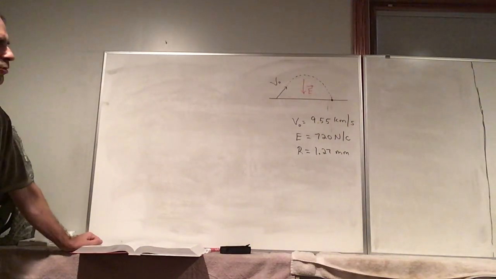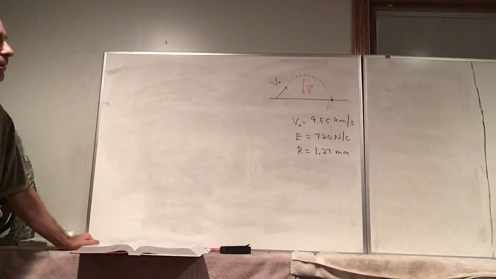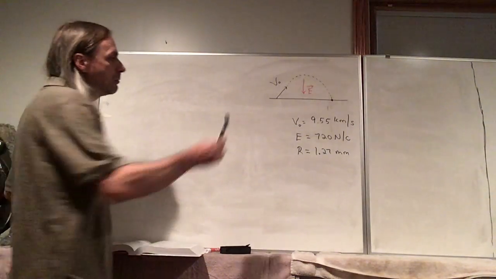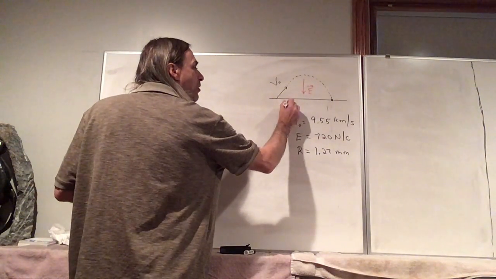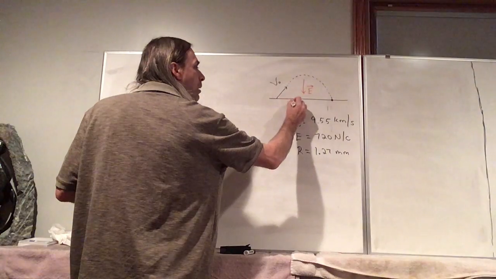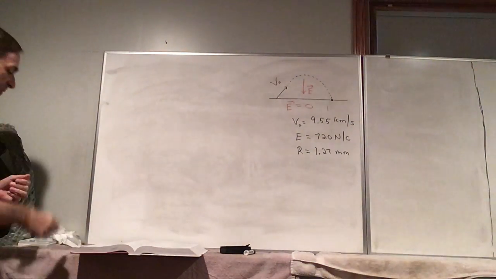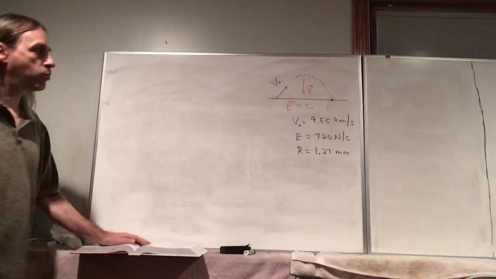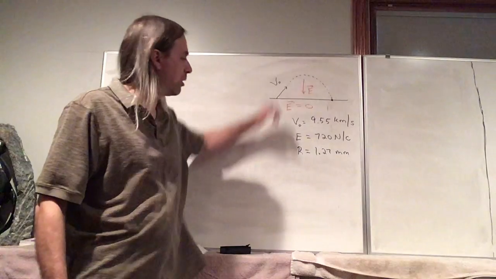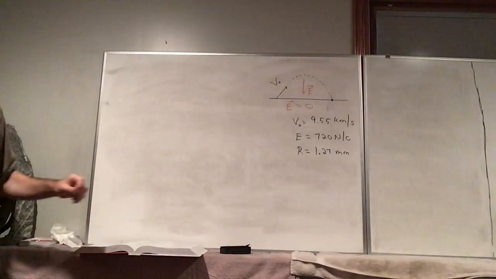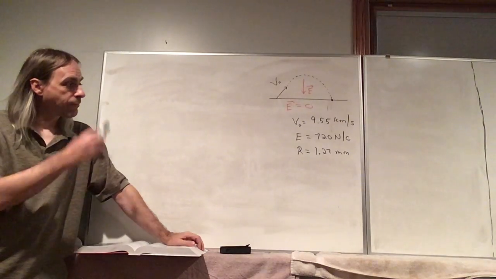So I picked a problem out of the book where I've drawn the picture here, where in this region below this plane, the electric field is 0. So we're going to fire this proton into this region with a downward electric field that has a magnitude of 720 newtons per coulomb.